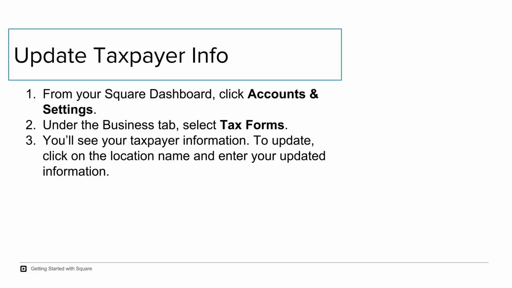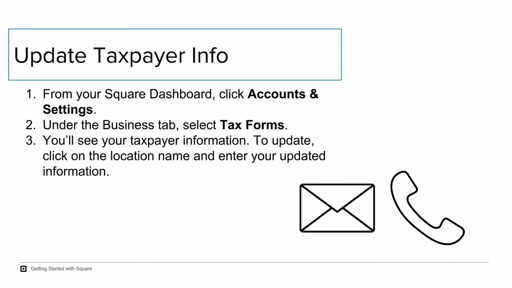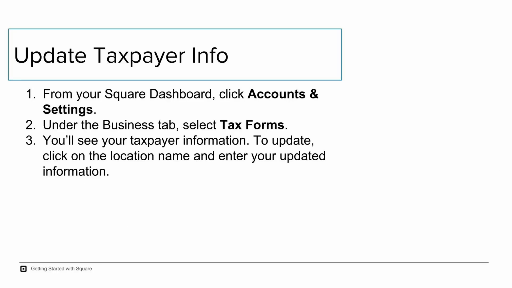The good news is, once we issue a 1099K form to your account for 2018, you'll have a small window of time where updating your taxpayer information from your dashboard will also update your 1099K automatically. If your new taxpayer information is accepted, but your 1099K doesn't update, you'll need to contact us so we can update the form for you, and we'll cover what information we'll need to do so in the next section.